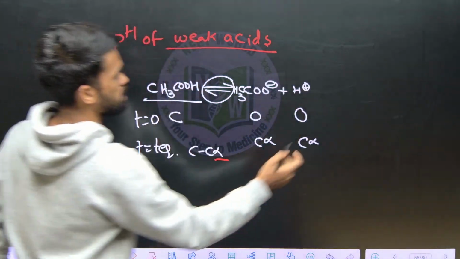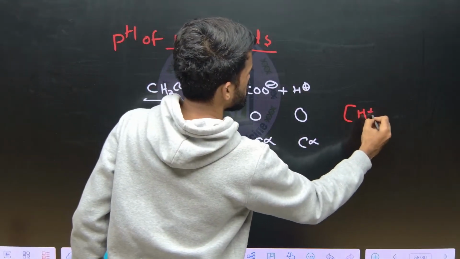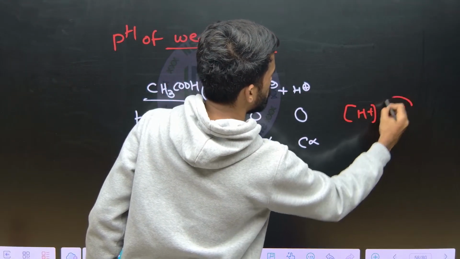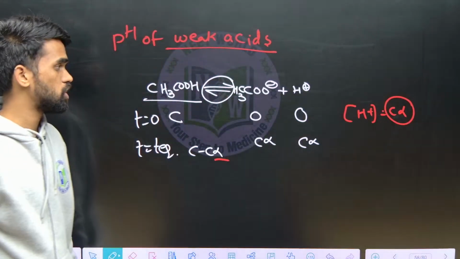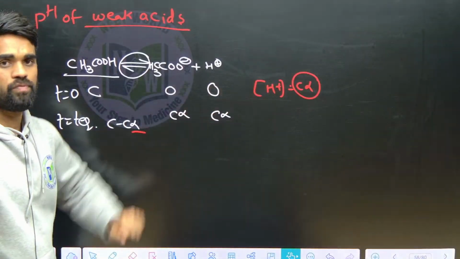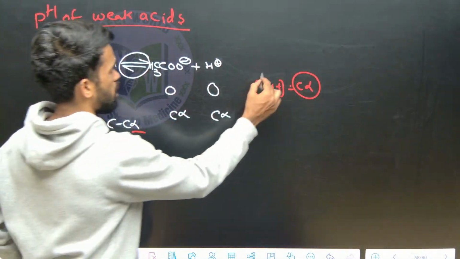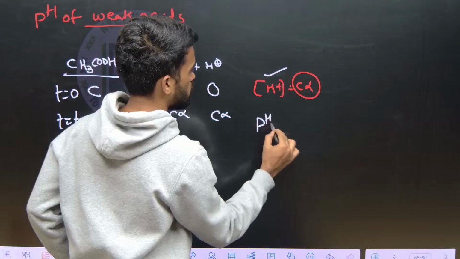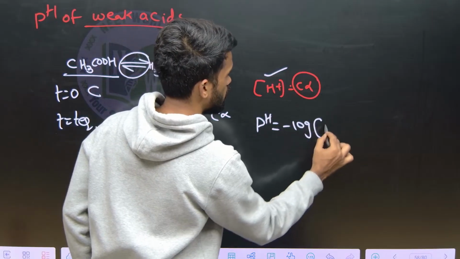So what is the H plus ion concentration we got? That is C into alpha. So if we know this alpha value, we can directly get the H plus ion concentration and substitute it in the formula, minus log of the concentration of H plus.